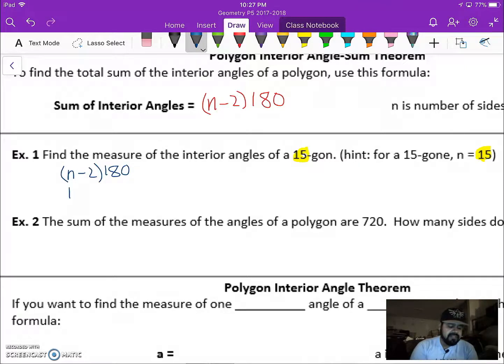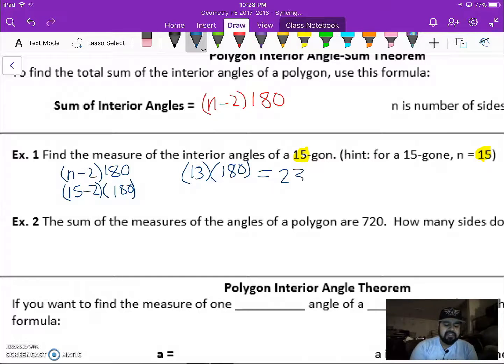So then I replace n with 15, so (15 minus 2) times 180. Well, 15 minus 2 is 13 times your 180. And that should give you 2,340 degrees. Simple as that. Nothing crazy, nothing fancy. Just straight plug in and calculating.